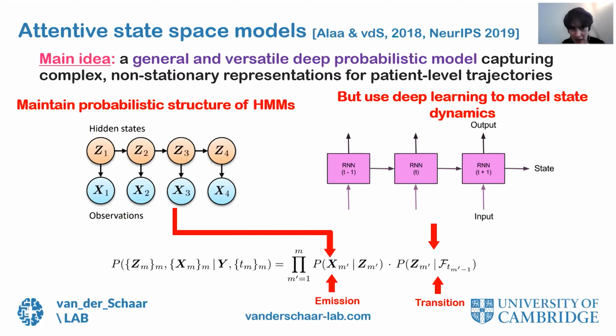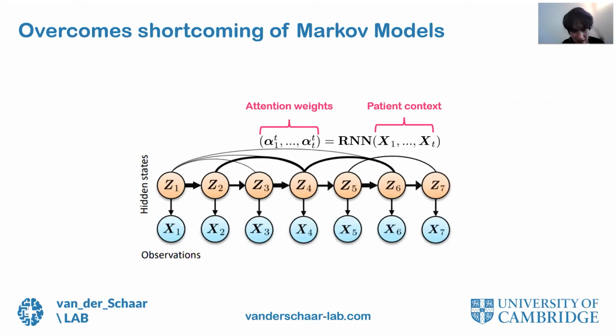And this is this attentive state space model that's highlighted here, which has a big benefit as opposed to hidden Markov models, because it overcomes the shortcomings of Markov models. We no longer depend only on the previous state, but the entire history. And you can see that through these arrows, which may refer back to past histories.